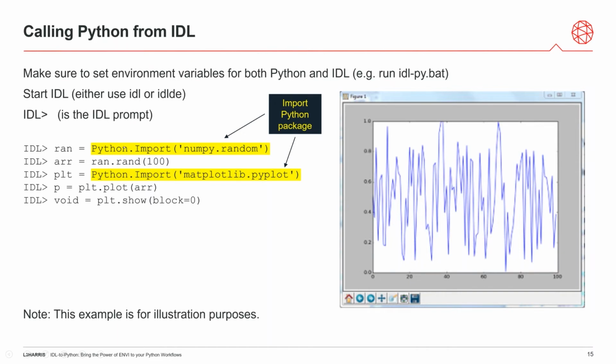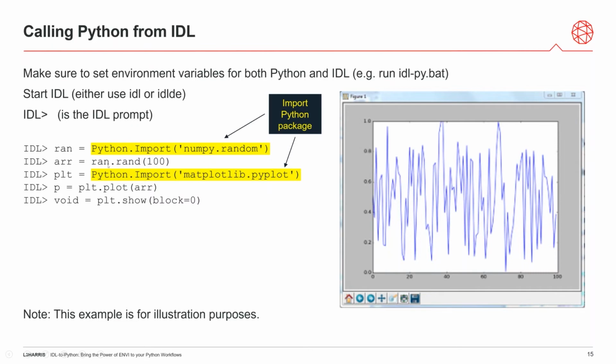So I'm in the IDL command line or in an IDL script, as you'll see later. To import a Python library, there's a Python.import command, and then you give it in quotes the name of your Python library, just like that. This gets assigned to this ran variable here, so it becomes an instance of it.